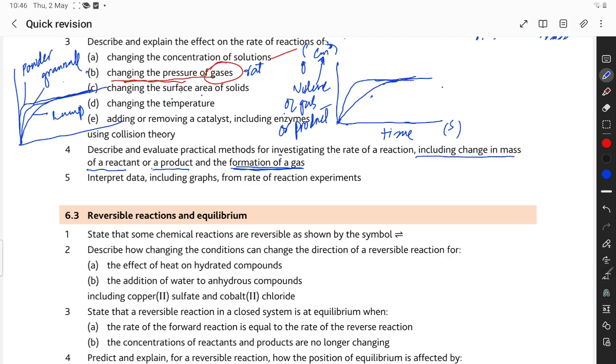If you increase the concentration of the limiting reactant, the graph is like this.